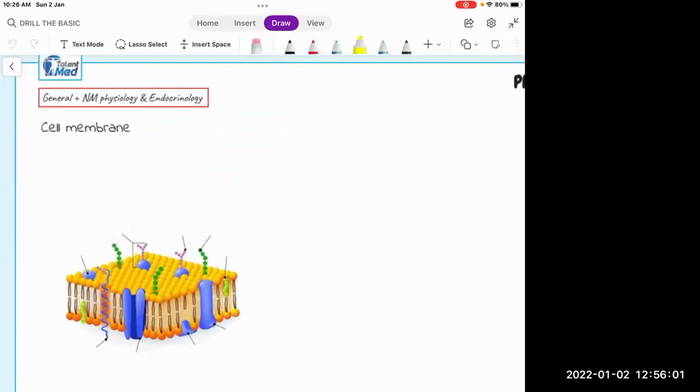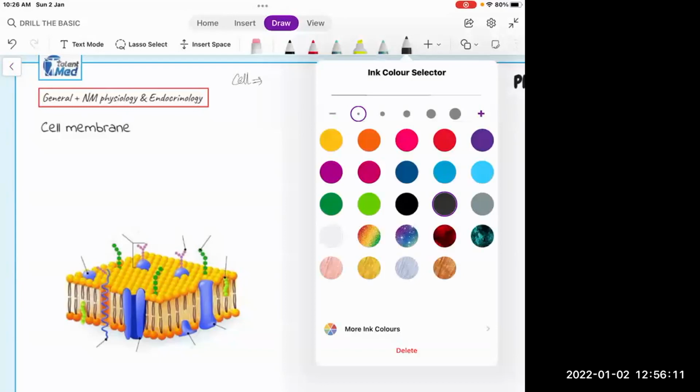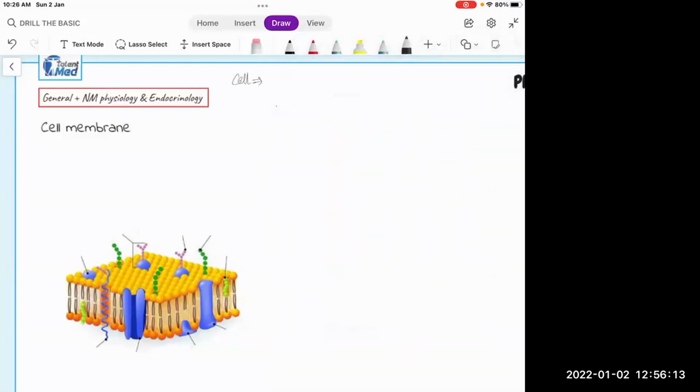So in the cell physiology, as you have always studied, the definition of a cell: what is a cell? It is the structural and the functional unit.